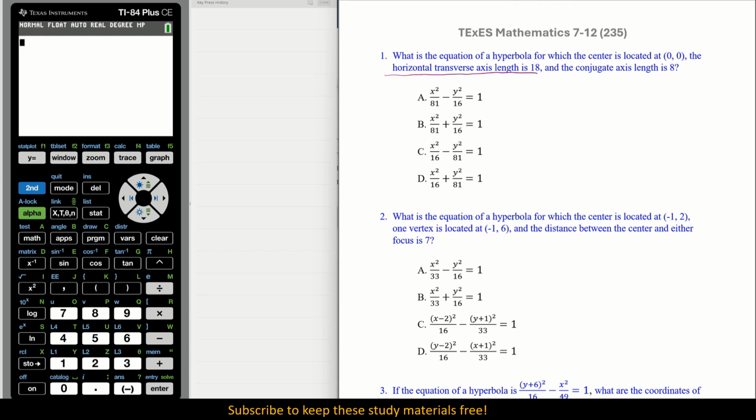The horizontal transverse axis tells me that's what my foci and my vertices are on. So I have a vertex going here, and a vertex going here, and my center is here, and that will be (0, 0).